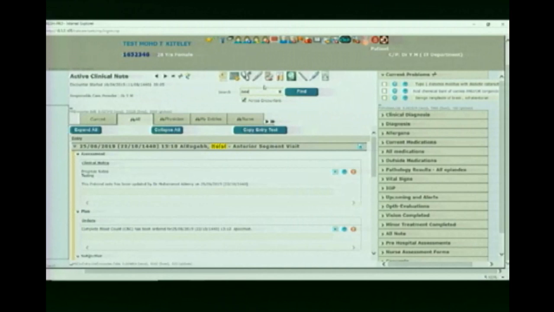Yes, you can search your name also here for any previous entry.